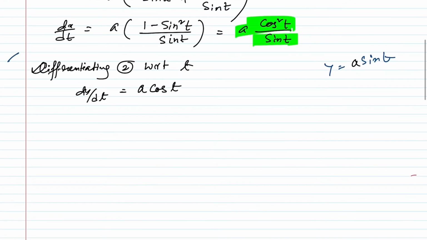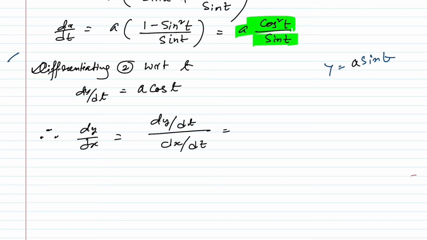So therefore dy by dx is given by dy by dt by dx by dt. Okay, and if you put the values here, then you will get a cos t by a cos square t by sin t.